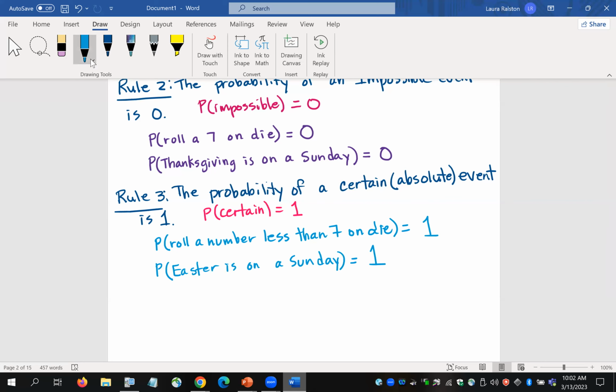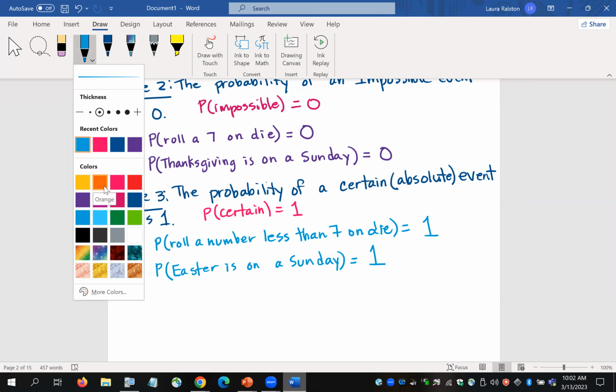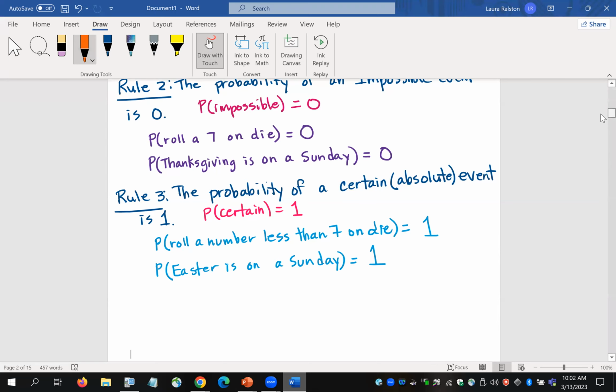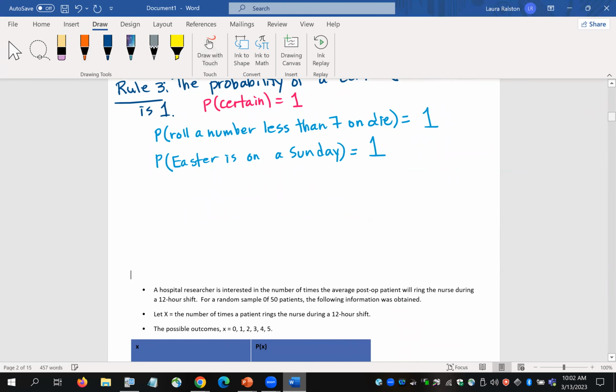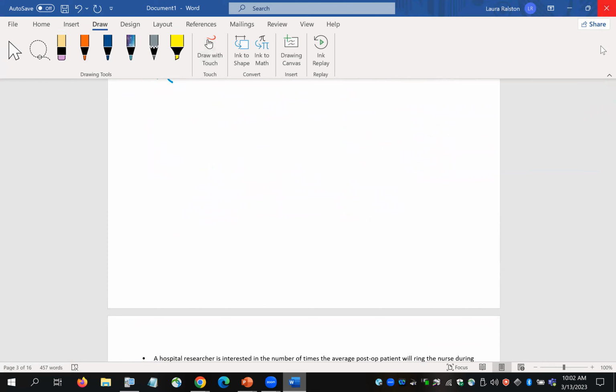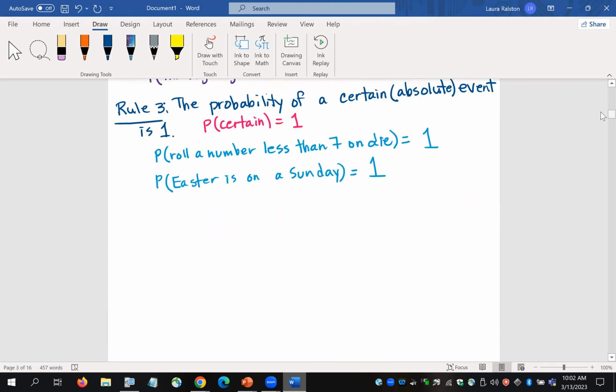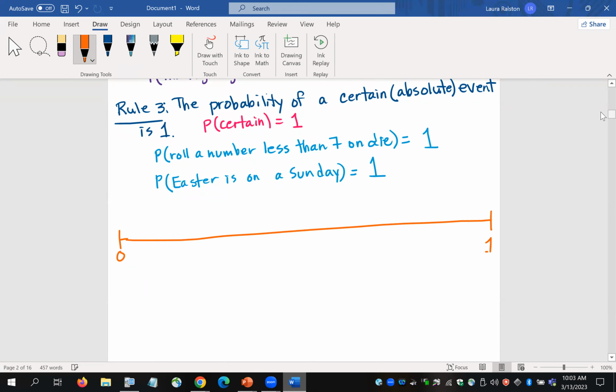So when you're thinking about probabilities, it's like you have this scale. And let me make some more space here. We know that all probabilities are between 0 and 1. 0 means the event is impossible.